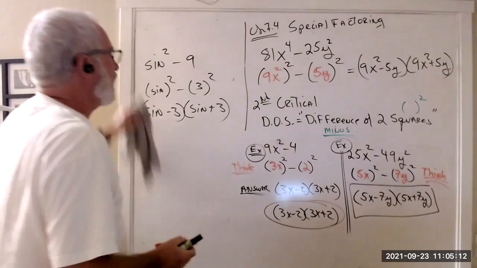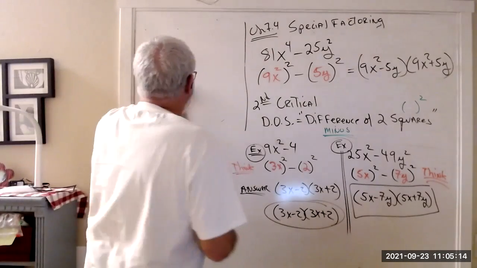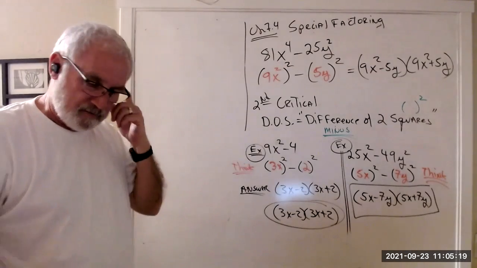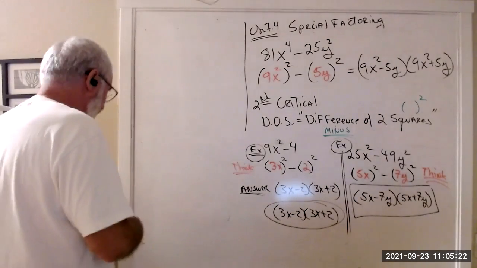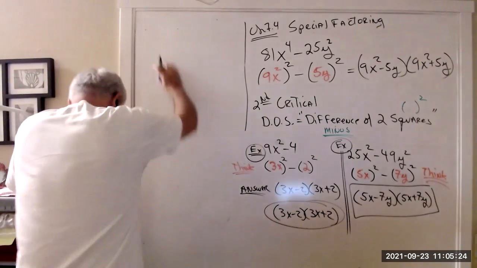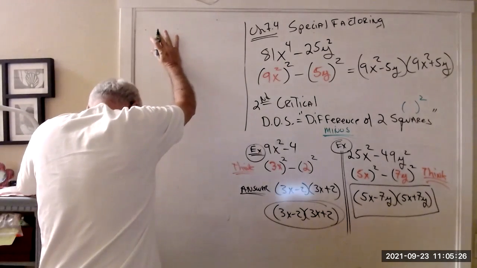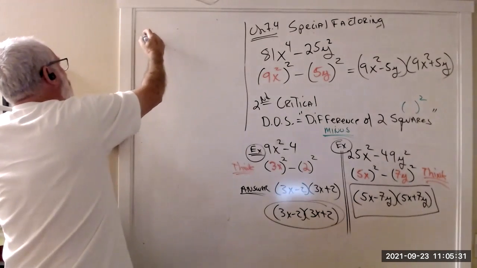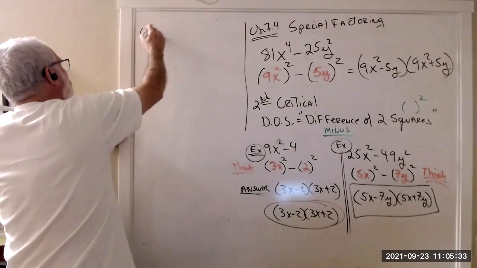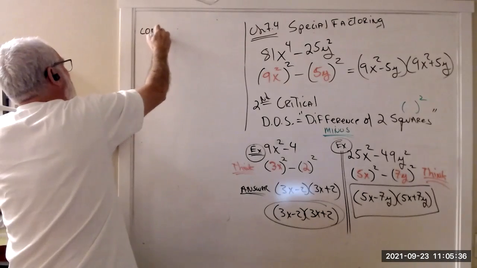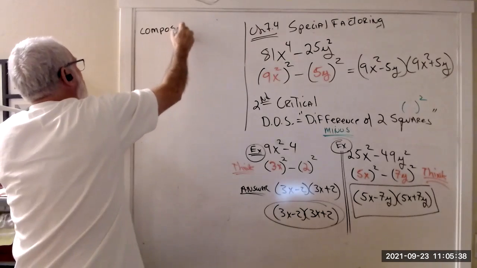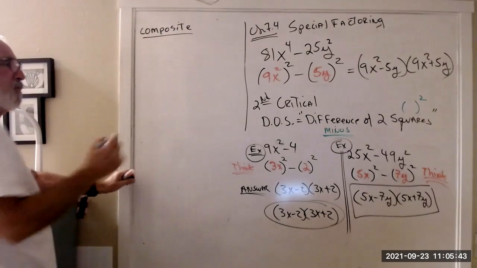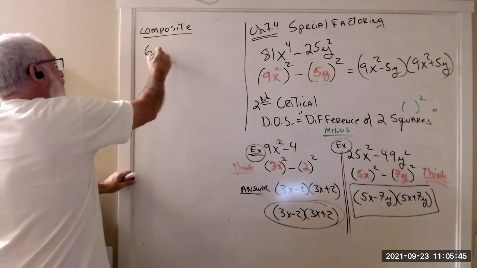All right, the last thing in 7.4 that I want to talk about, and then we will take a break as I promised, a little bit of number theory. In arithmetic, we have numbers called composite. Composite numbers can be broken down. For example, 6 is a composite number.